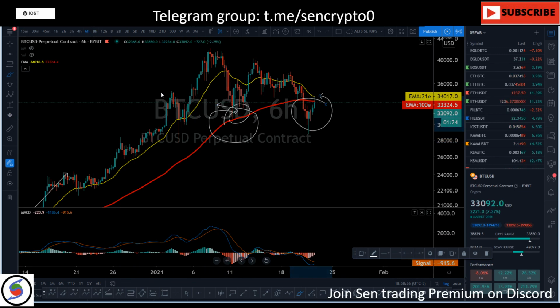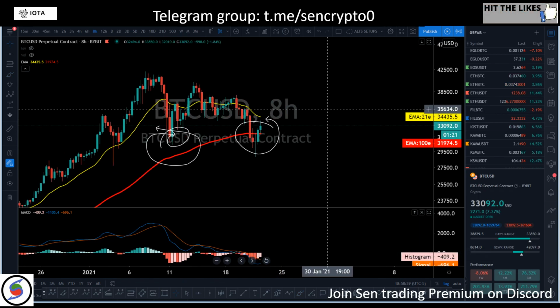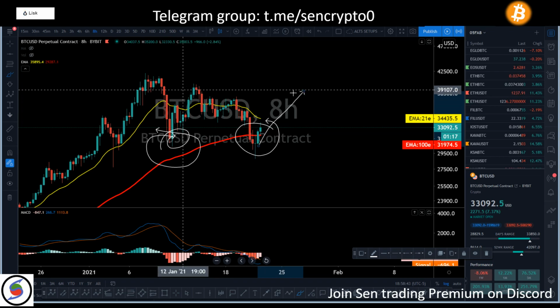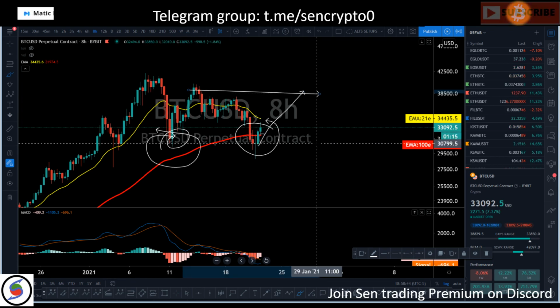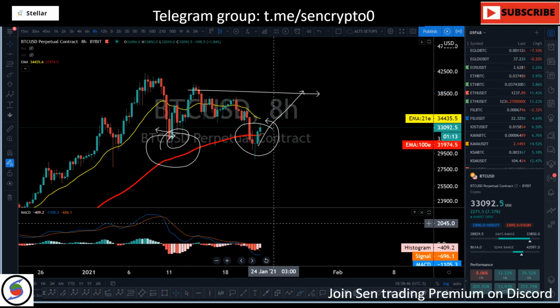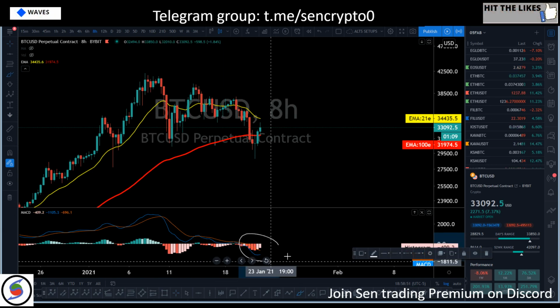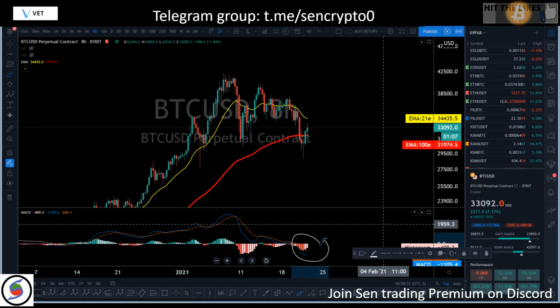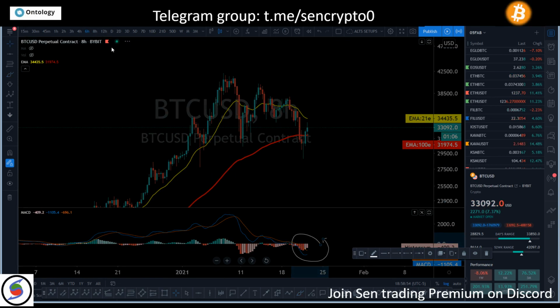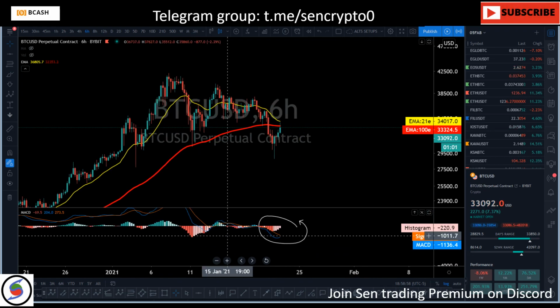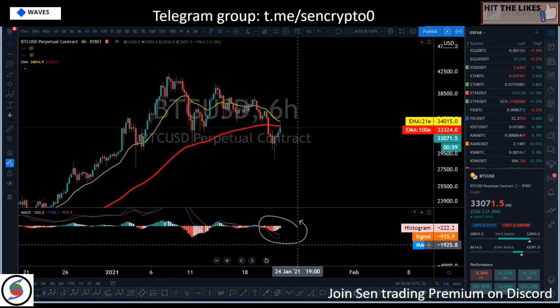That's the only difference, and we could be anticipating BTC to retest higher prices right here over the next few days. So for the 8 hour, just to confirm the bullishness, we're going to need an 8 hour crossover. Sometimes you don't even need to wait for the 8 hour, because on the 6 hour time frame, if the momentum is strong enough, it doesn't even need a bullish divergence.